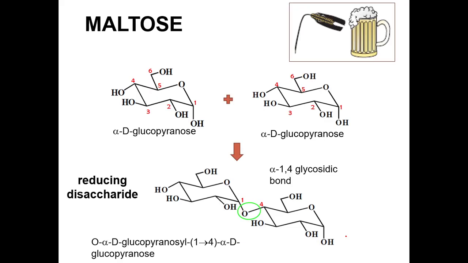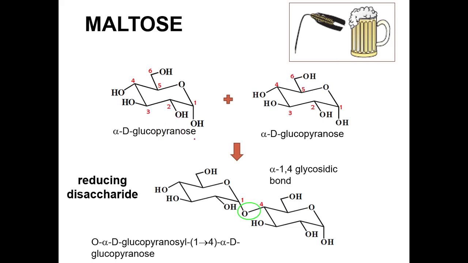On the other hand naman, we have your maltose. So, maltose is a combination of two glucose units. So, specifically, this is alpha D glucopyranose. So, what will be the reaction?